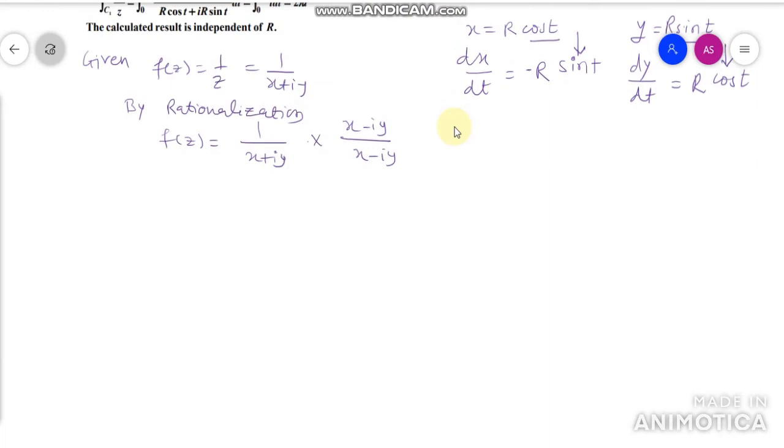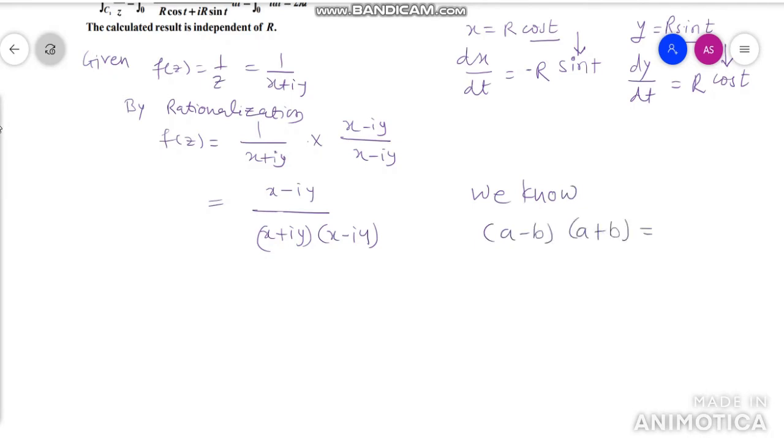Okay, so the next thing is equal to x minus iy divided by x plus iy into x minus iy. We know that a minus b into a plus b equal to a square minus b square.